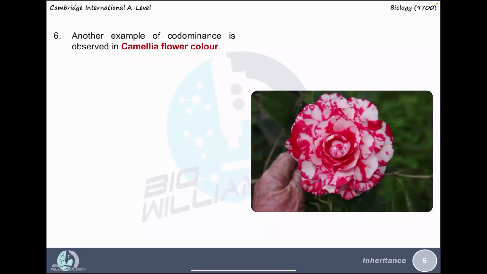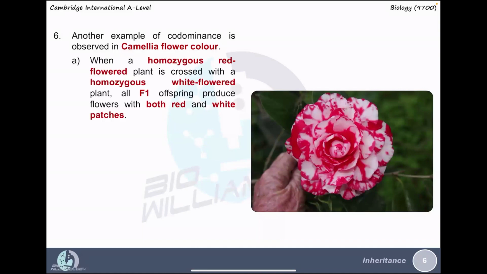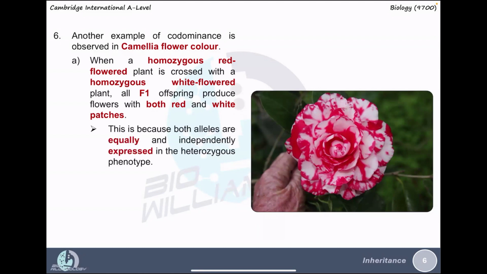Another example of codominance is observed in camellia flower color. When a homozygous red flower plant is crossed with a homozygous white flower plant, all F1 offspring produce flowers with both red and white patches, as shown in this diagram. This is because both alleles are equally and independently expressed in the heterozygous phenotype.